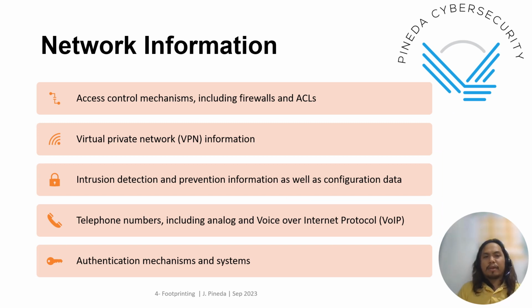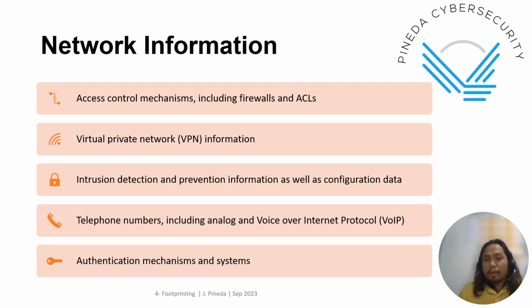What else? You have your access control mechanisms, firewalls and access control lists or ACLs, VPN information, IDS and IPS, as well as configuration data. Are they using VoIP, telephone numbers, authentication mechanisms, and systems? Okay, so again, this is getting deeper during your discovery stage, but you're not required to get all of this information right away.